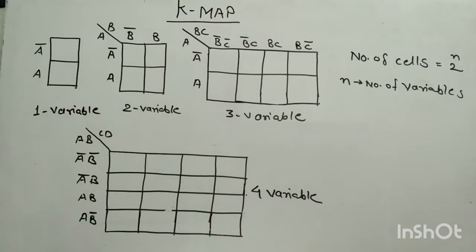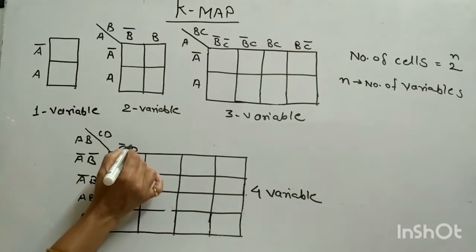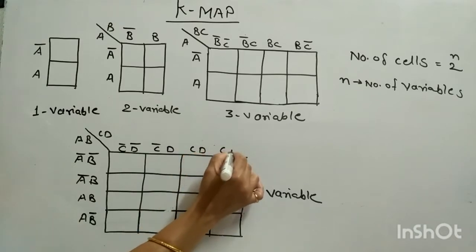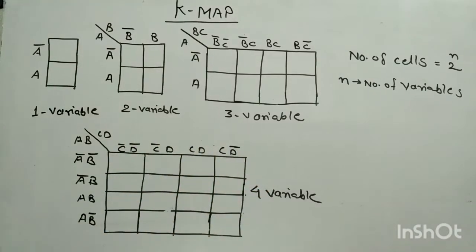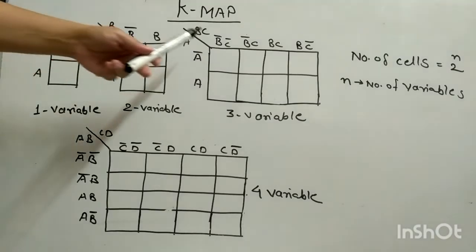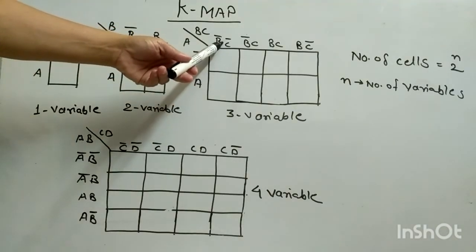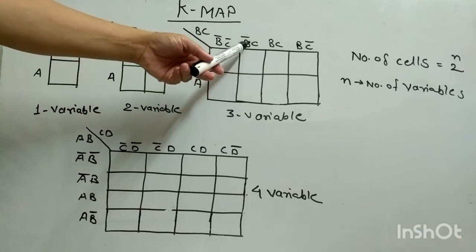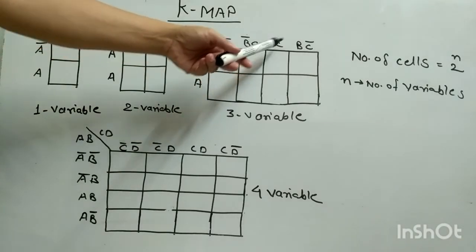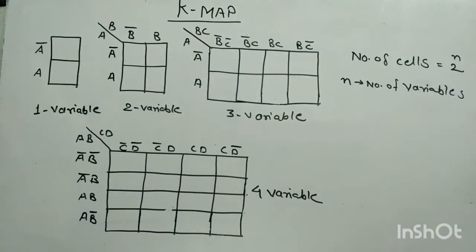For columns it is C bar D bar, C bar D, CD and CD bar. So this is the labeling. Here you can see that B bar C bar both are complemented; B bar C has one uncomplemented, one complemented; BC both not complemented; and again BC bar, one complemented and the other not.